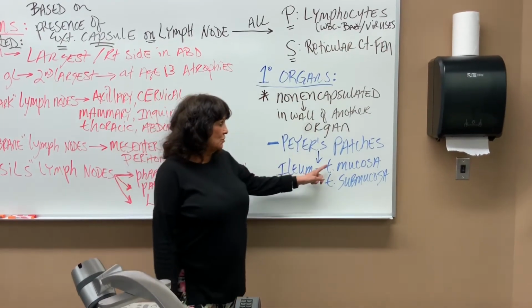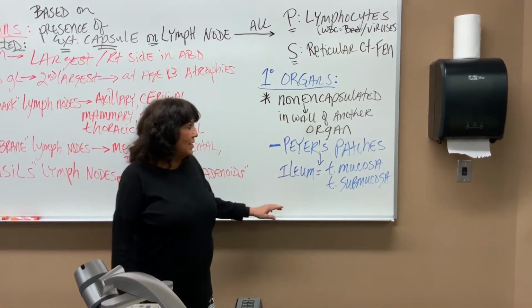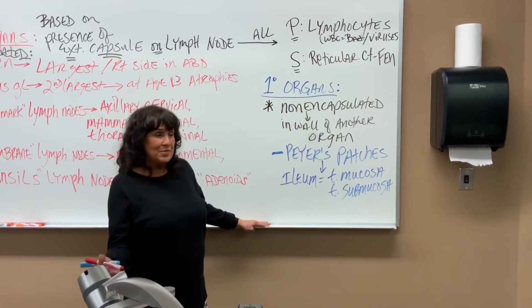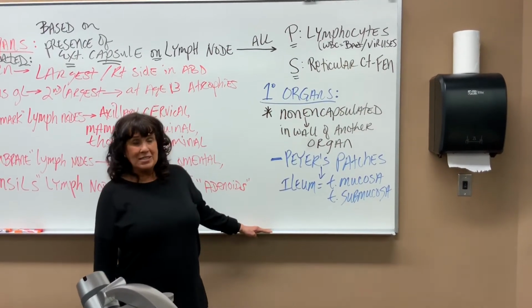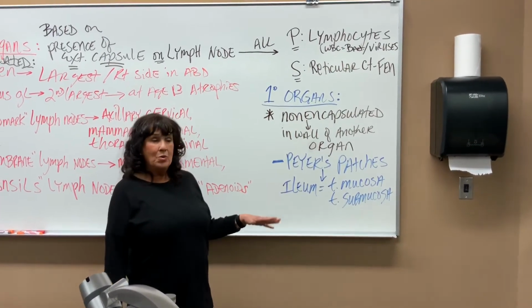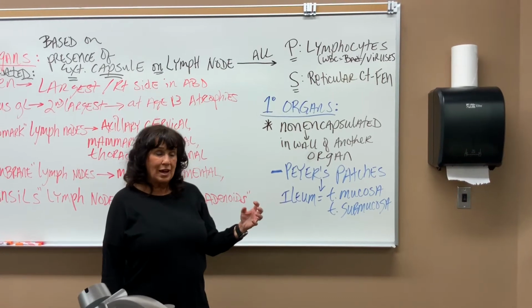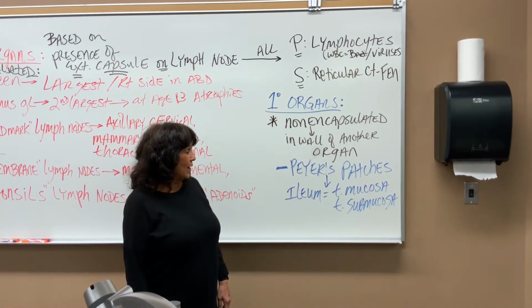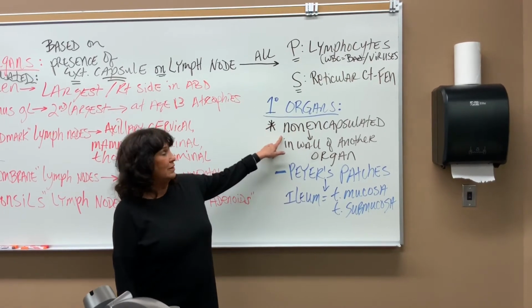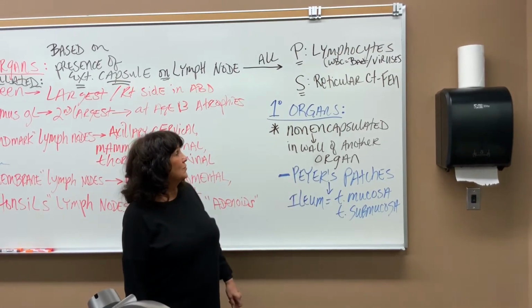They're found in the tunica mucosa and submucosa. And basically, they are just masses of lymphocytes that are going to eat basically the bacteria and viruses. They're going to destroy them when it comes through with the protein food items being absorbed back there. And so Peyer's patches are the only non-encapsulated lymph nodes.